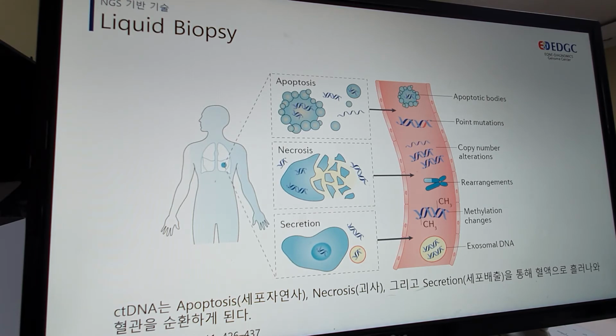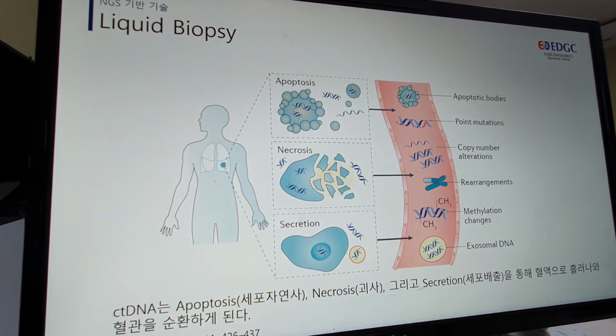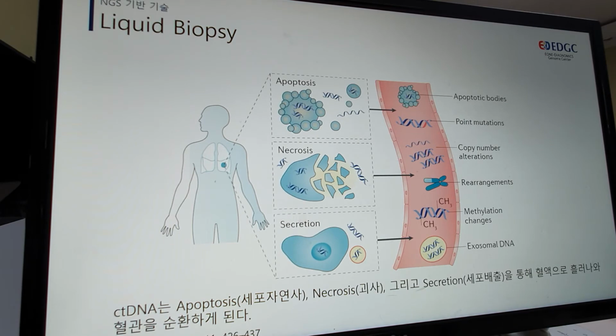Yeah. So if someone goes to a hospital for a check, they should have some kind of cancer symptoms. So once a doctor decides to biopsy and check if the tumor is really cancer or not, they have to do the biopsy.